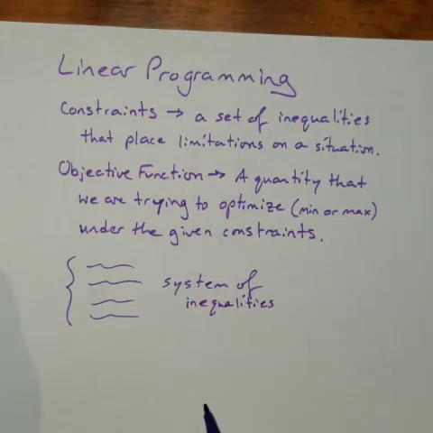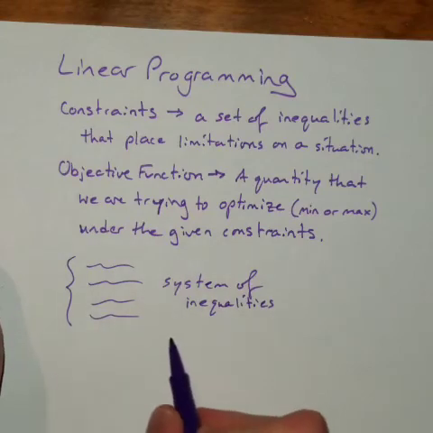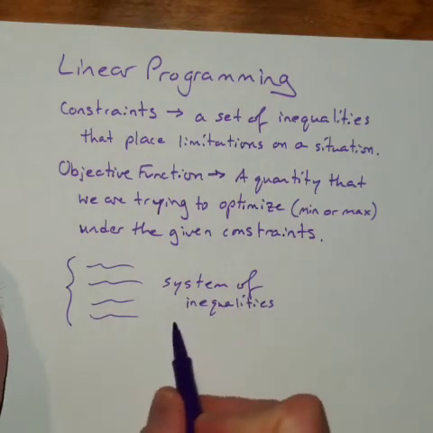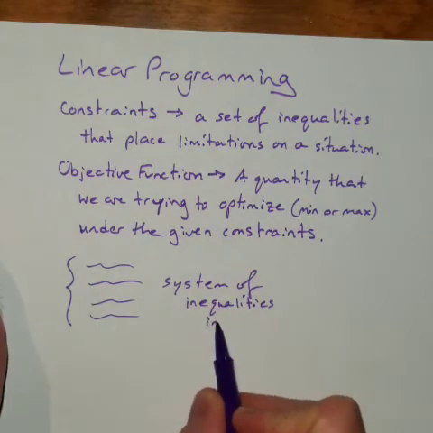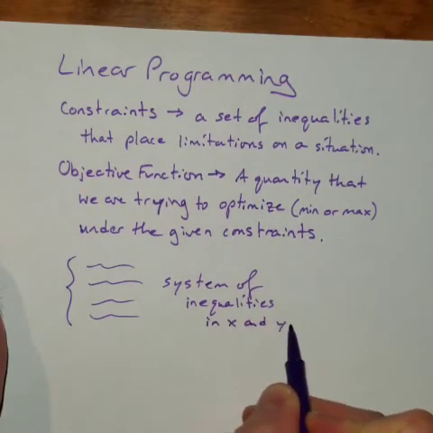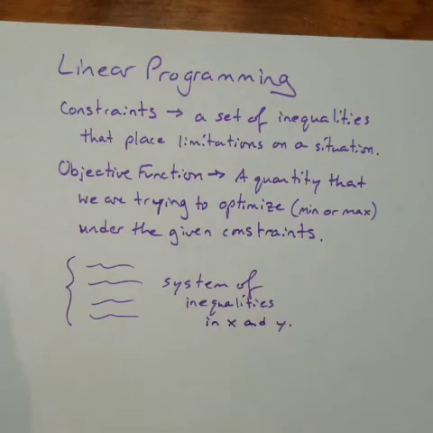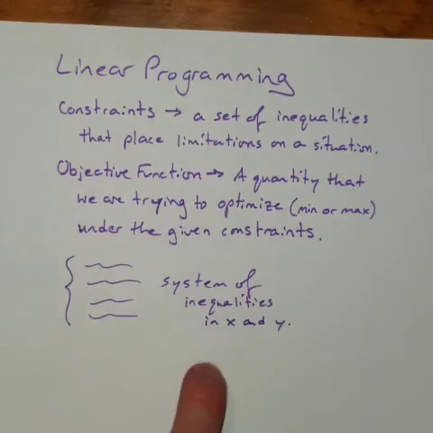And then you're going to have this objective function. The system of inequalities is going to have two variables, x and y, just like we saw in the previous section. So the objective function is also going to be defined with x and y values.